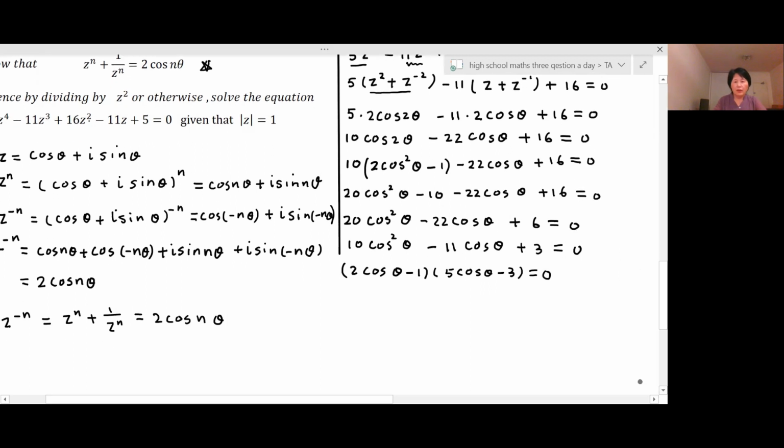Okay, so now I just make the bracket equal to 0. 2 cosine theta minus 1 equal to 0. So cosine theta equal to half. So when cosine theta equals half, sine theta is equal to plus minus the square root of 1 minus cosine squared theta.